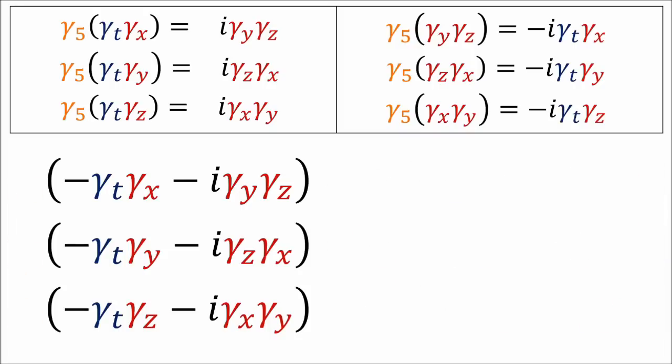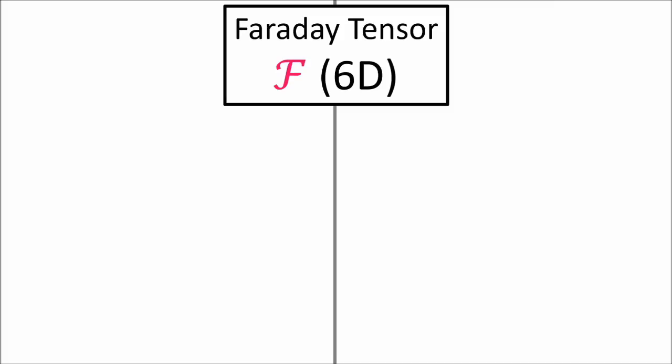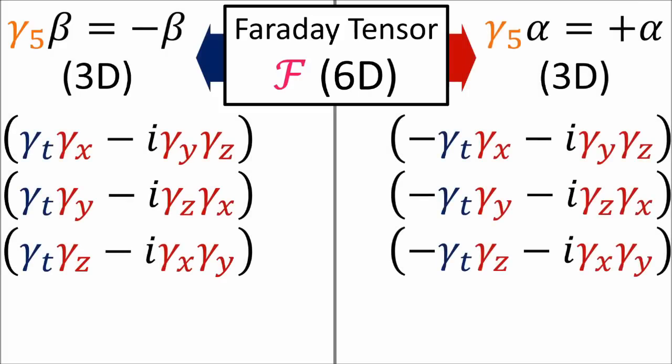Sometimes you'll see these bivectors multiplied by an overall factor of -1, but this doesn't change their eigenvalues. They still span the same +1 eigenspace. So we've divided the 6-dimensional space of spacetime bivectors into a pair of 3-dimensional subspaces, the -1 and +1 eigenspaces under gamma 5.